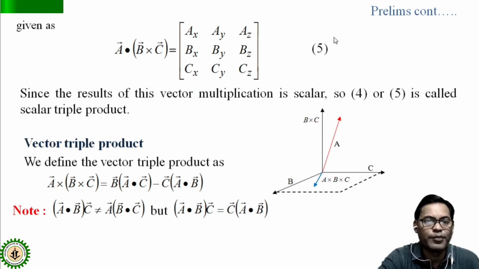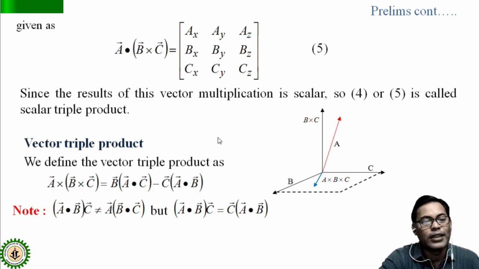Here it is given by expression 5. You can see the components of a, b and c, and from that we can easily find the scalar triple product of a, b and c. And as I said earlier, the result we get here is a scalar. That is why it is called the scalar triple product.